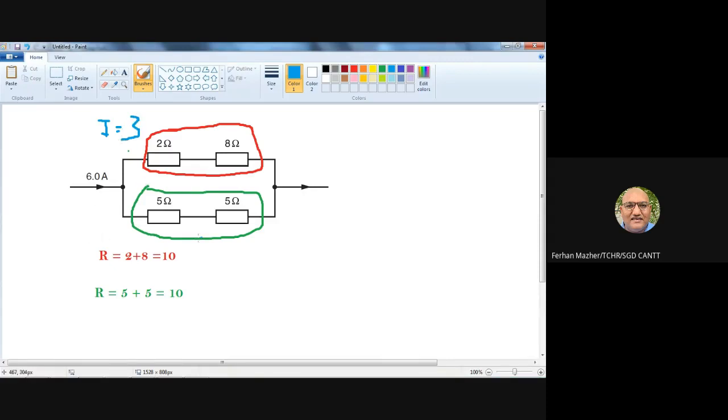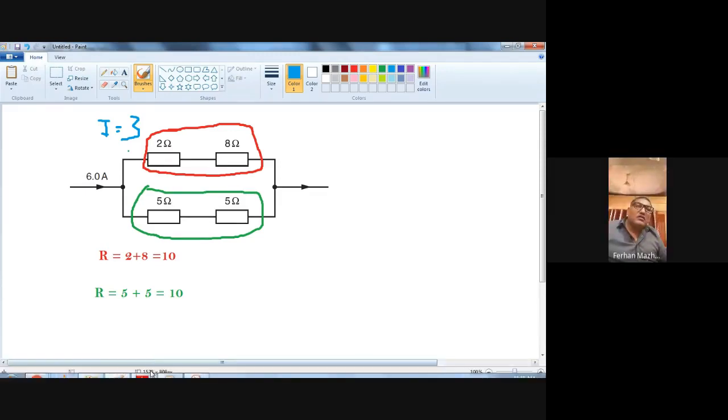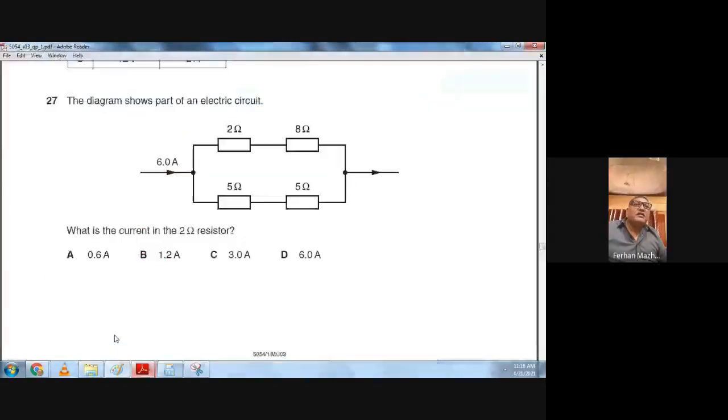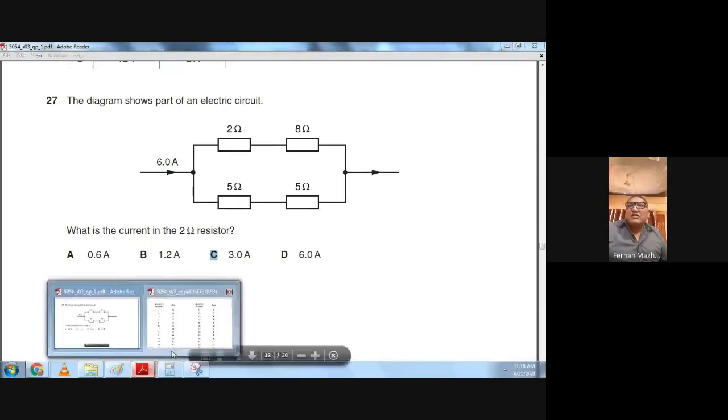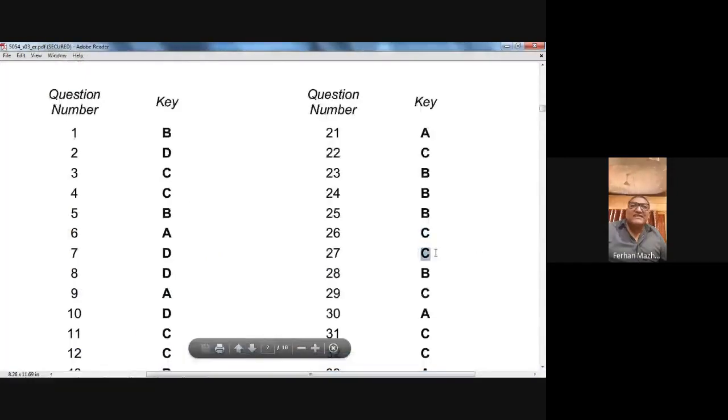So the current flowing through the 2 ohm resistor will be 3 ampere. Do we have this answer? C. So question number 27, clearly C is the answer. Let's check. Oh, C is the right answer.